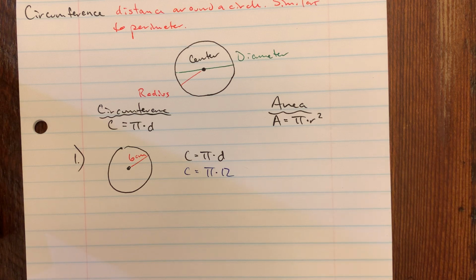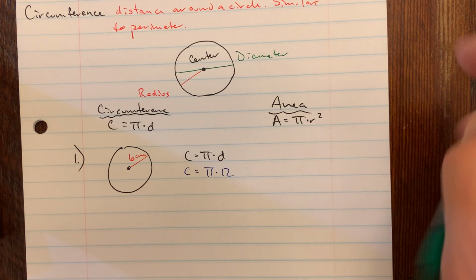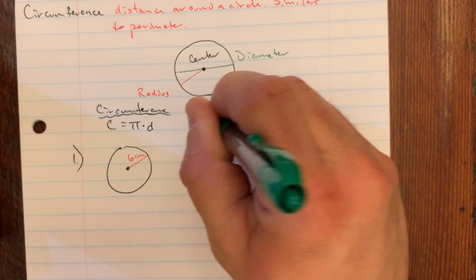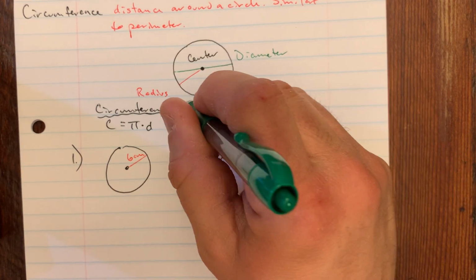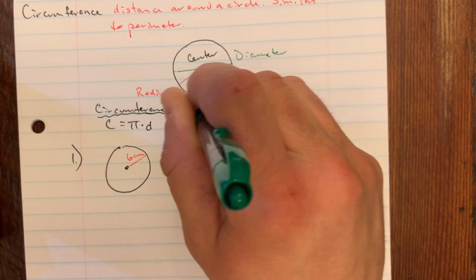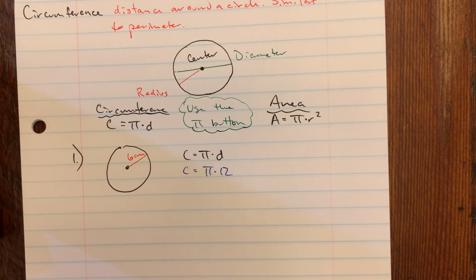Now, important part here. We are going to use the pi button for right now. That's going to change as we move on in our lessons, but right now we're going to use the pi button. So don't use 3.14, it's not as accurate. We're going to use the pi button, it's more accurate.